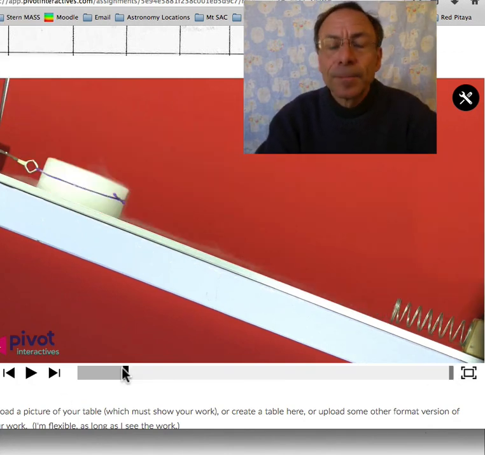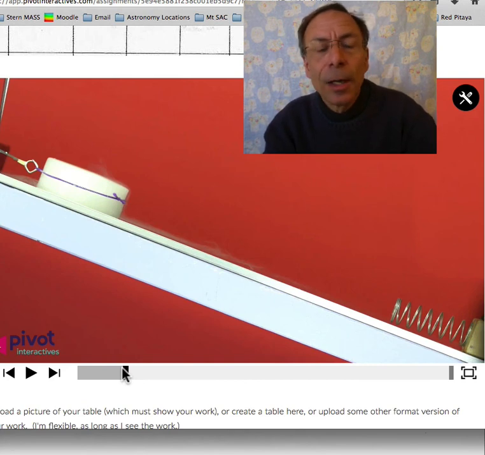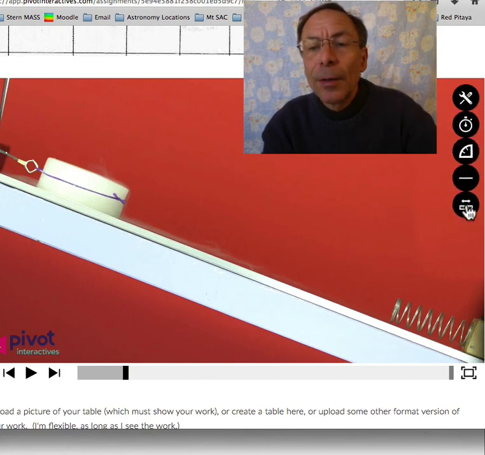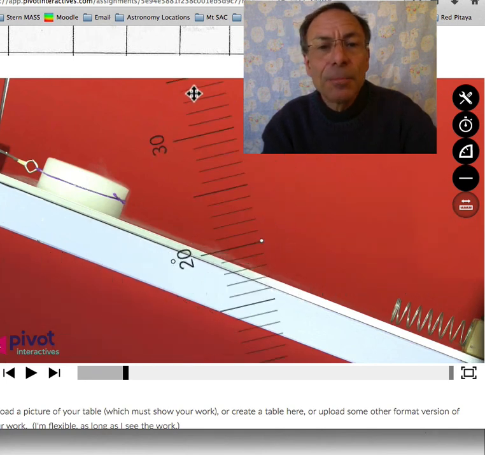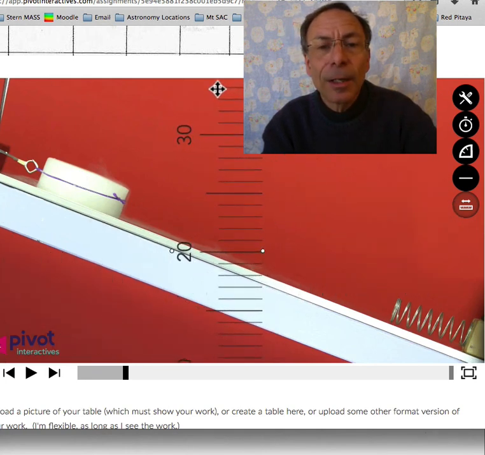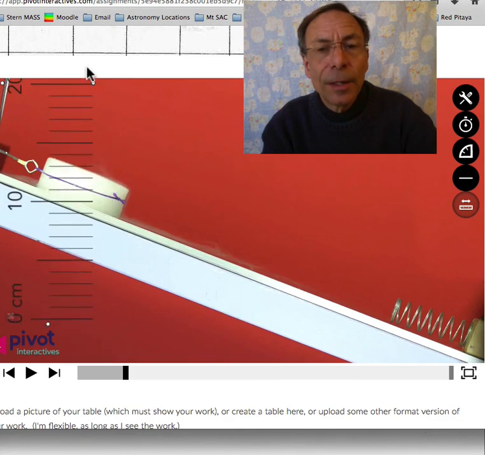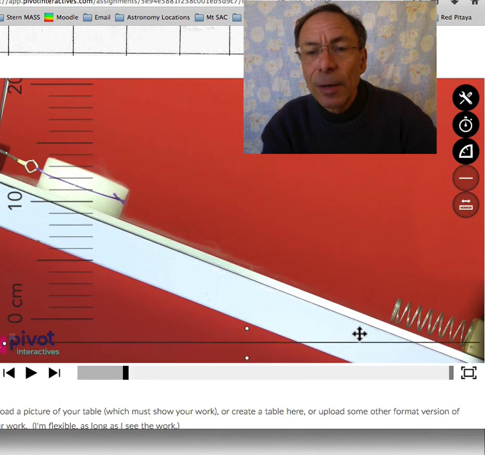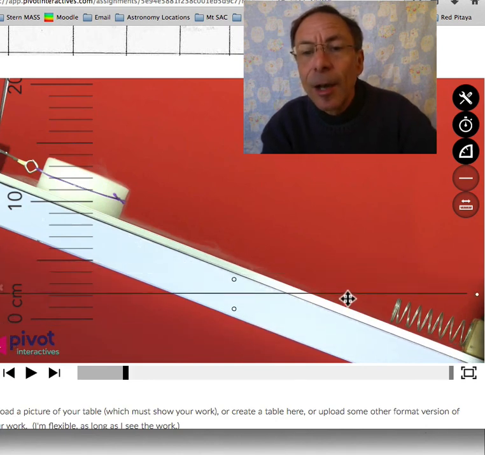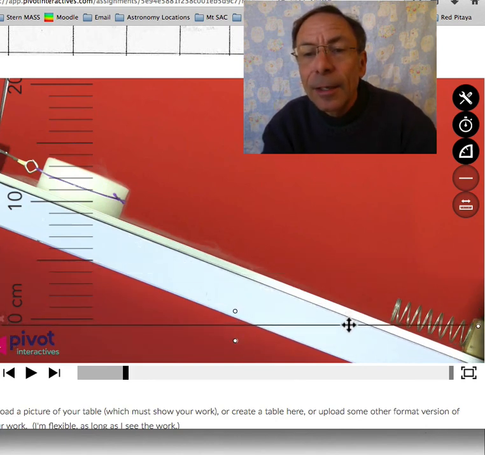So let's reset this thing, and I want to show you the kinds of potential energy that we have. The first one is gravitational potential energy. And we can figure out the gravitational potential energy by just measuring how high the puck is. So we're going to need a reference line. We could put the reference line here, but I'm going to put it down here.